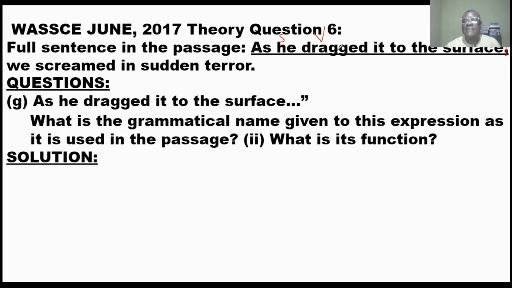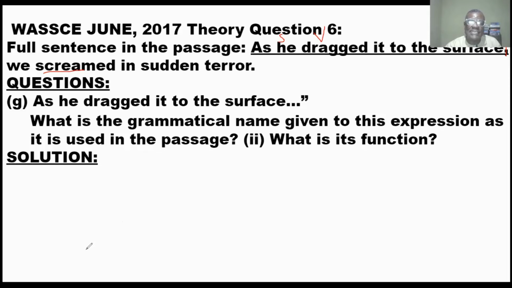He dragged. Then this shows us this is an adverb clause. So this is an adverb clause of time. What is its function? It modifies the verb screamed, because the question is based on scream. When did we scream? As he dragged it to the surface. So this modifies the verb screamed.